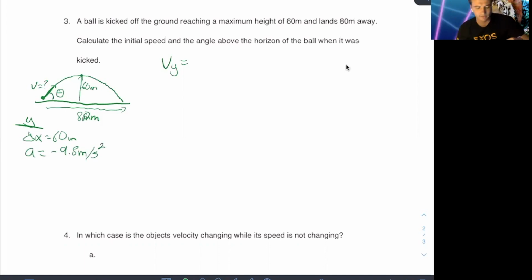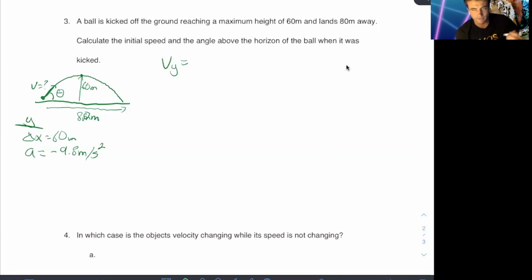We don't know the initial velocity, and depending on how we define it, we might know the initial velocity, or the final velocity. So let's think about this. Let's say we start with some initial velocity to kick the ball up in the air, and then it reaches the top point at 60 meters.